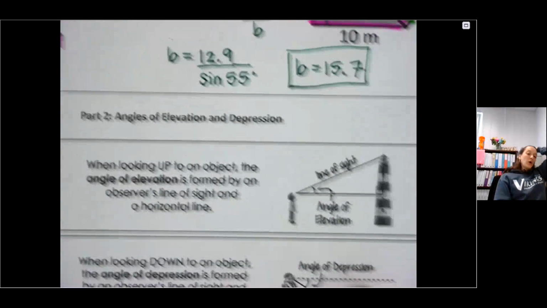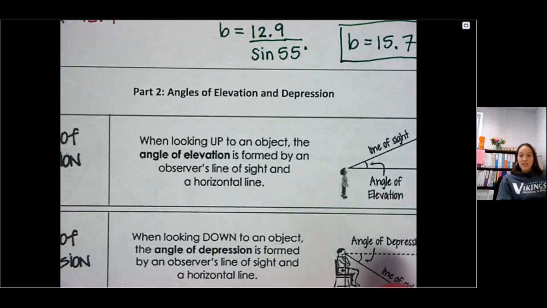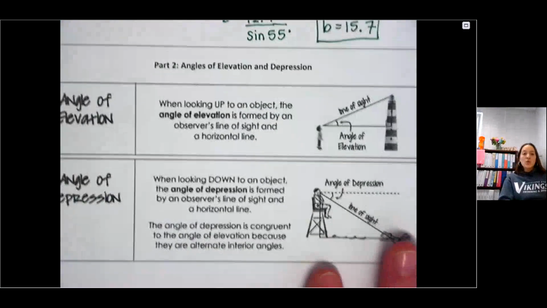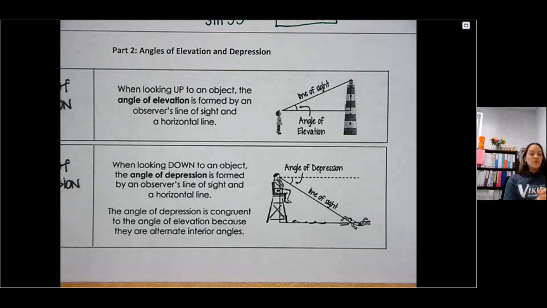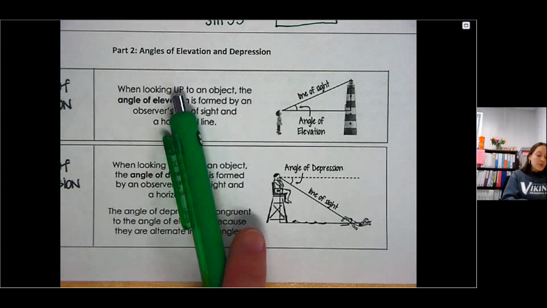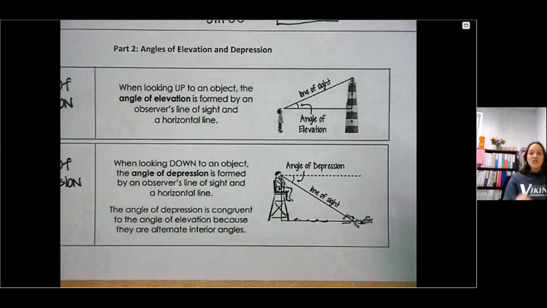Now, part 2 is all about angles of elevation and angles of depression. So when we get to word problems here, instead of just giving you a picture, I'm going to start talking about the reference angles as elevation or depression. An angle of elevation means you are at the bottom and you are looking up to an object. So angle of elevation means you literally have to take your head and elevate it or push it upwards.